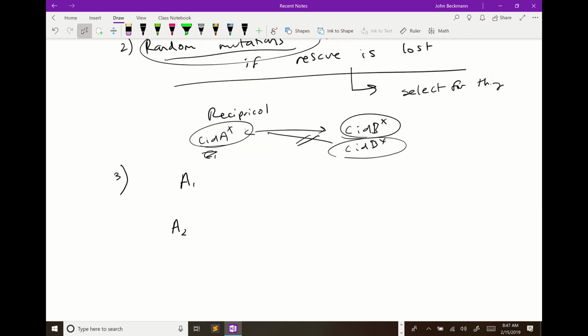So imagine I did this. SID-B-1. Okay, so these ones rescue each other. SID-A-1 rescues SID-B-1. But I have a relationship where SID-A2, a different homolog, does not rescue.